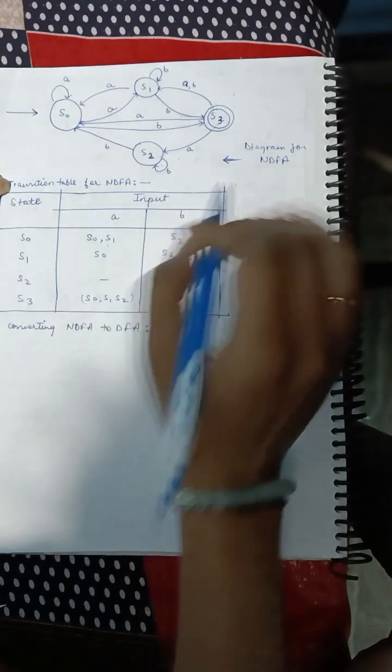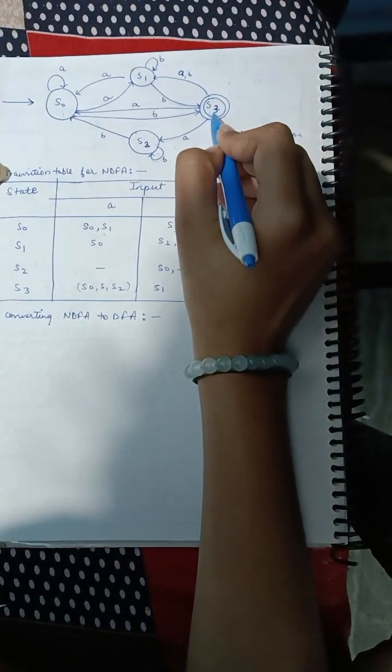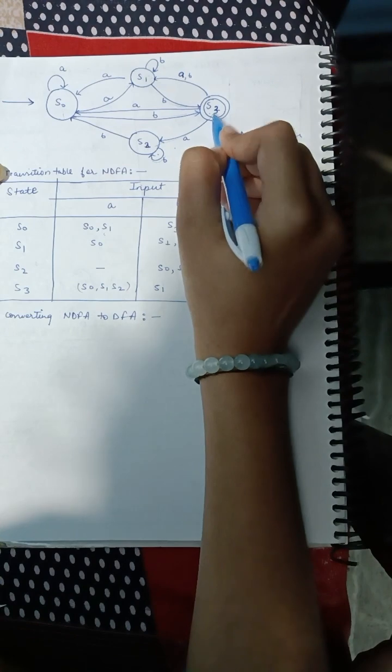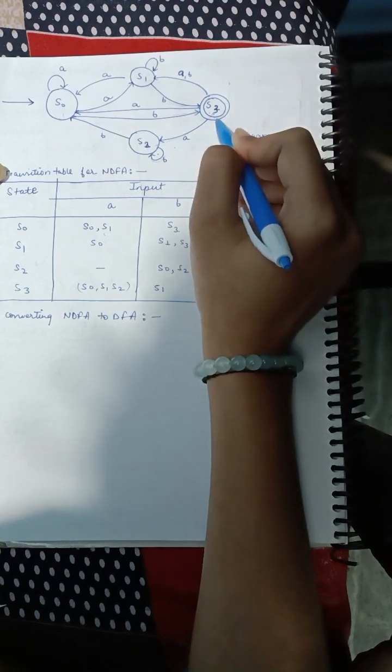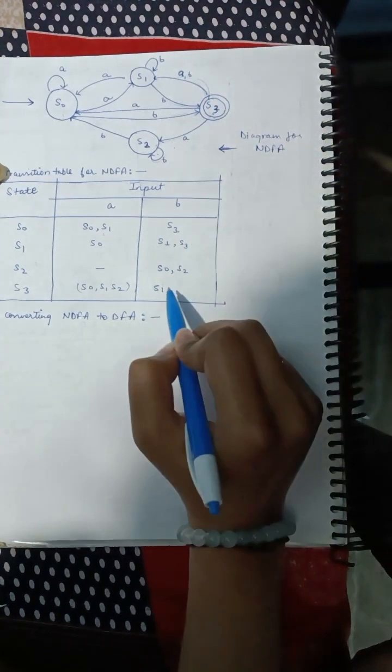This is represented. Okay. And for B the value is S1. S1, this is the value.